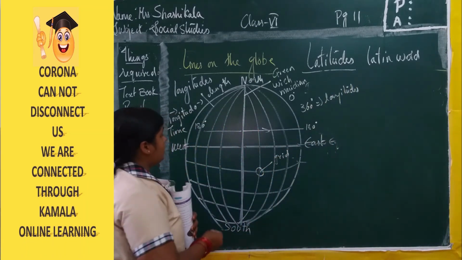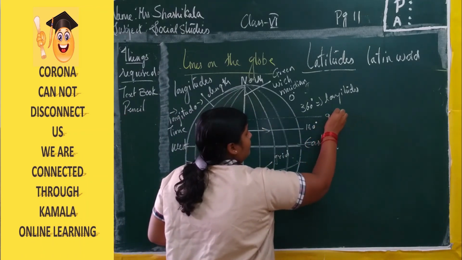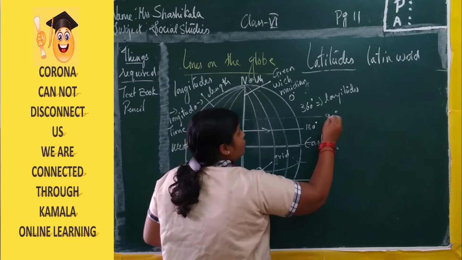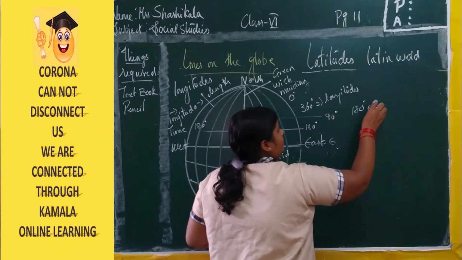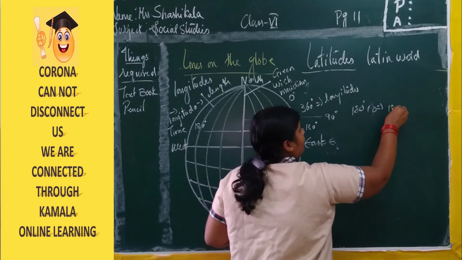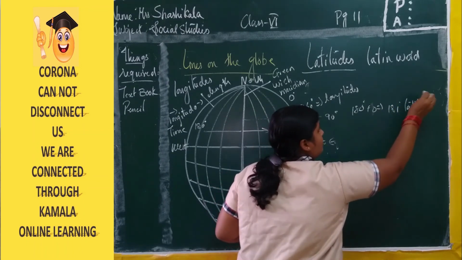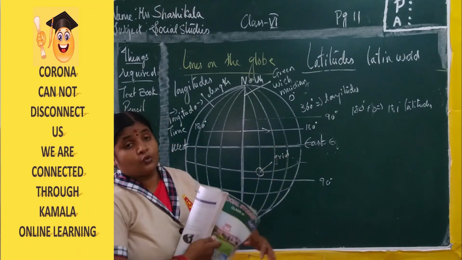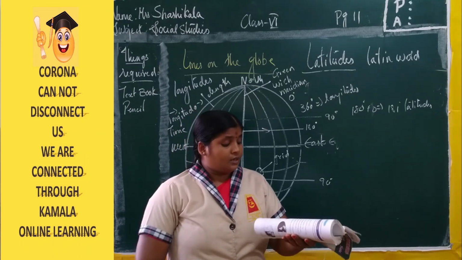And the latitudes: above the equator we have 90 degrees, and down also we have 90 degrees. So 180 plus 1, where 1 is nothing but the equator at 0. So we have a total of 181 latitudes. With the help of the latitudes and longitudes, we can locate the place and time of one particular region very easily.